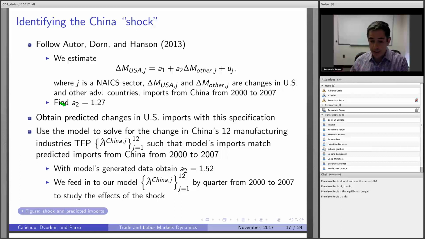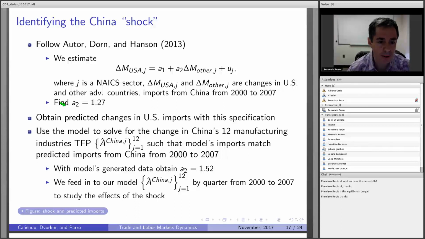To identify the shock, we're going to use reduced form analysis, following the same identification strategy as Autor, Dorn and Hanson. The basic idea is the following.